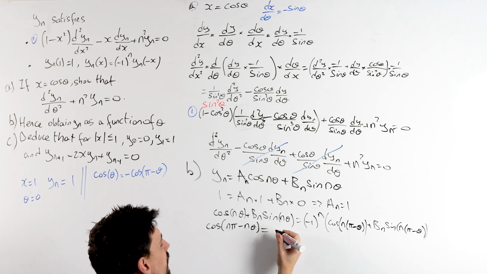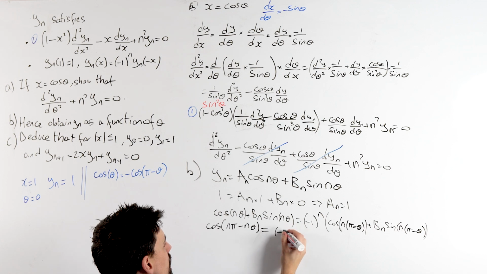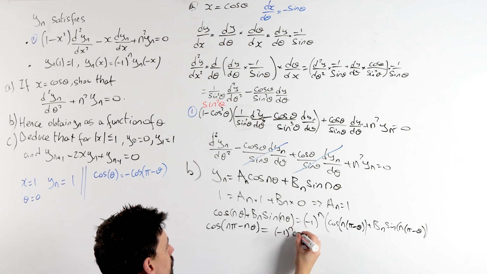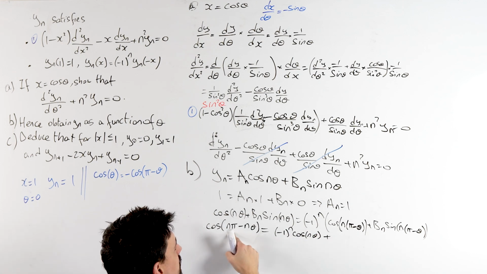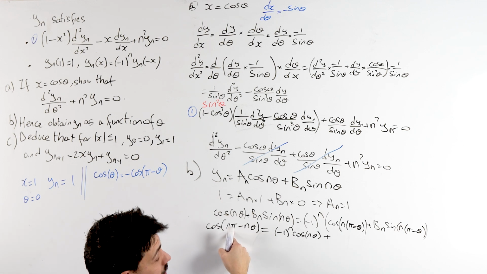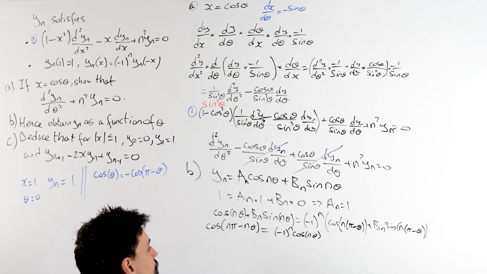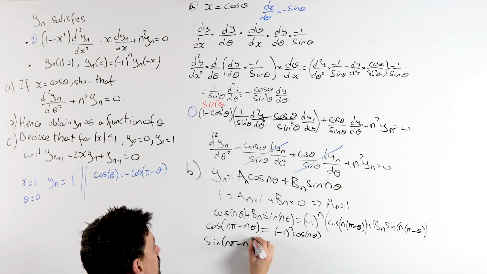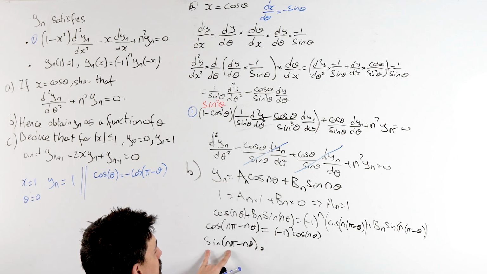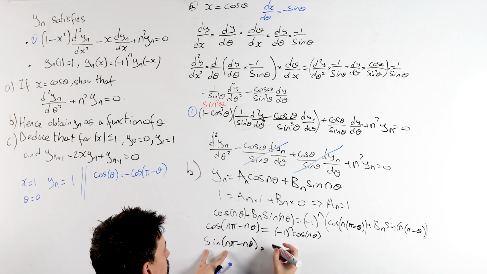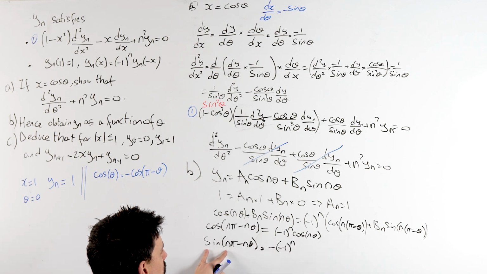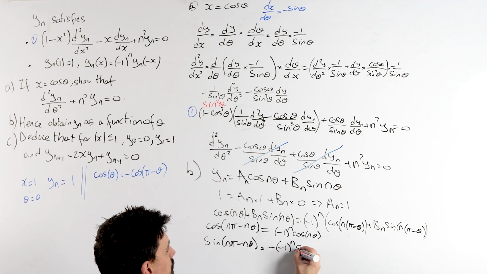That is cos of nπ cos nθ, and cos nπ is minus 1 to the n, so cos nθ, plus sin nπ sin nθ, and sin nπ is 0, so we're going to get rid of that. And then sin of nπ minus nθ will be sin nπ cos nθ, well that's 0, minus cos nπ, which is minus 1 to the n, sin nθ.